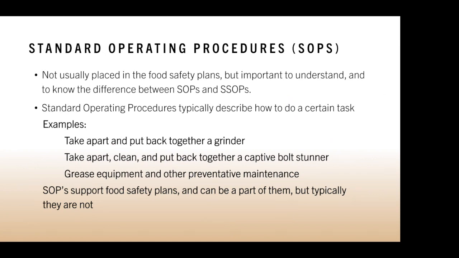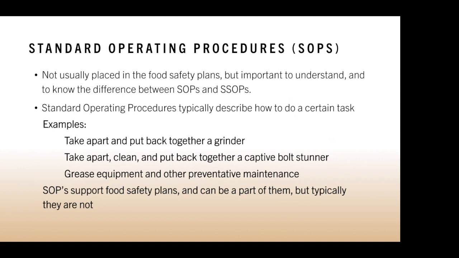On to SOPs, which stands for Standard Operating Procedures. These are different than SSOPs because they typically outline the steps for an employee to complete a task. These tasks are not typically directly related to food safety.